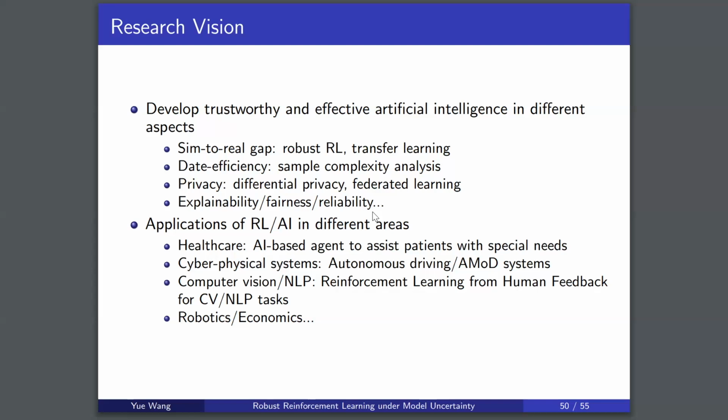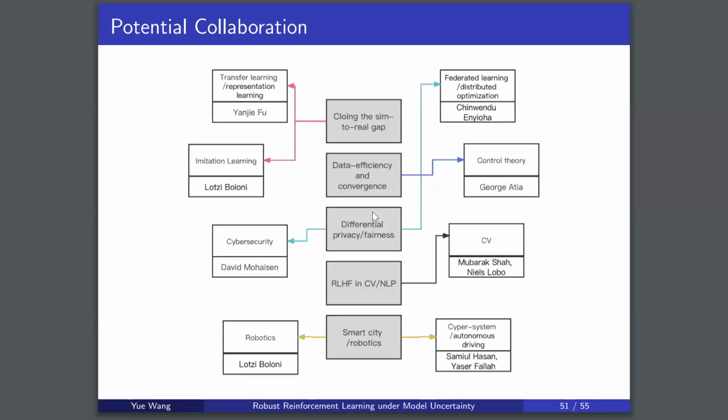So it is my future interest to study this approach on computer vision tasks, and to see if we can use a reinforcement learning approach to solve CV problems and improve the performance of AI systems. And of course, there are many other related areas, including robotics, economics, and so on.